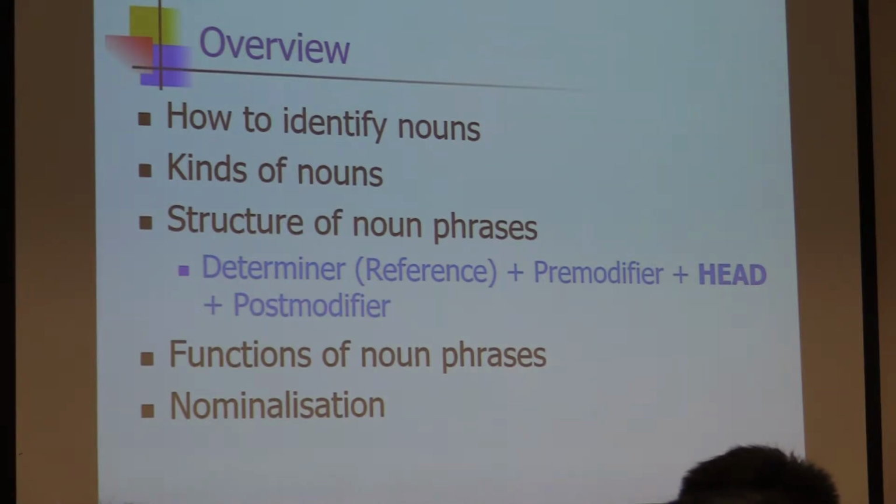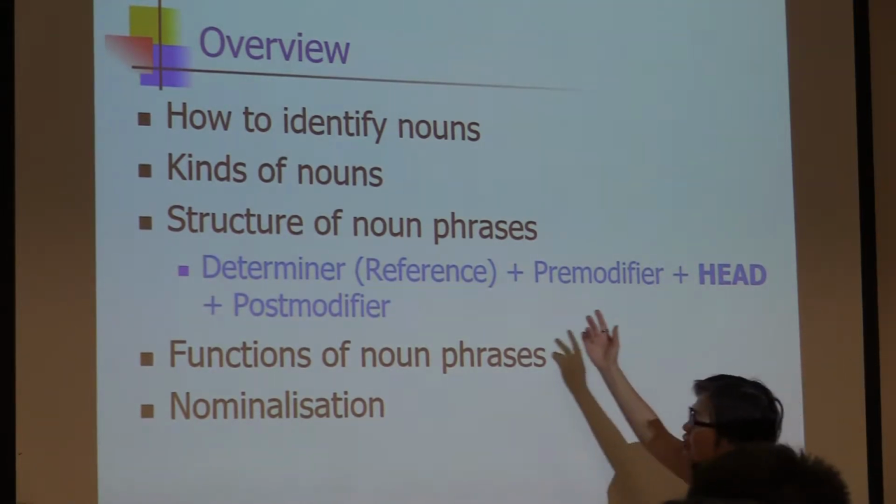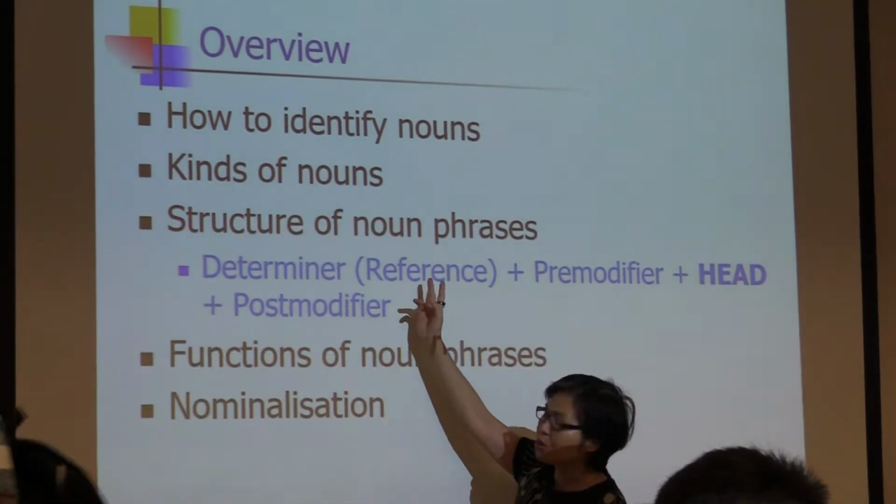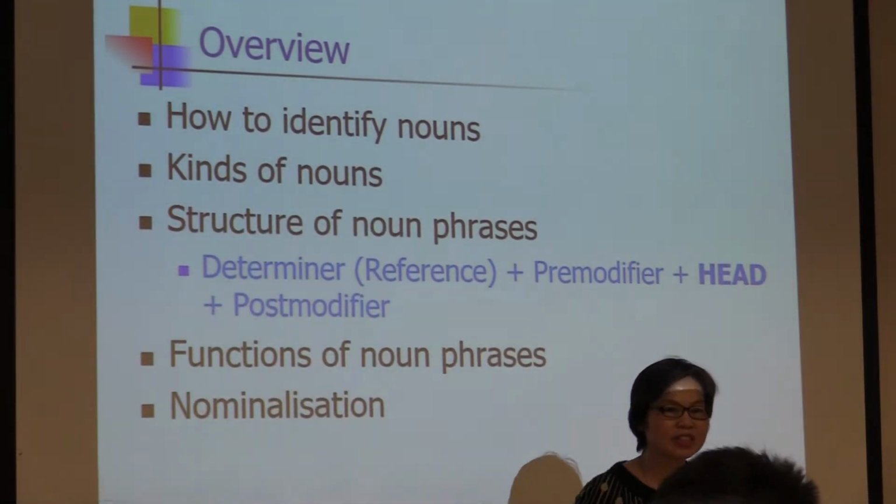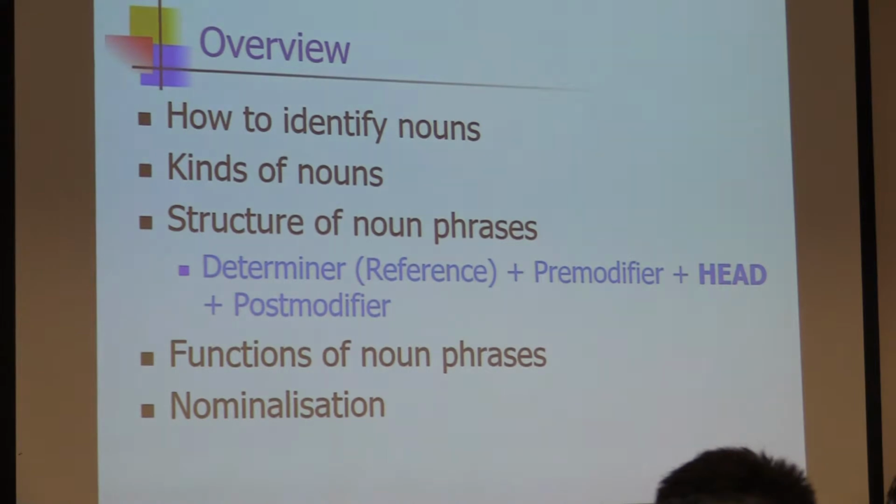And then the structure of noun phrases. You can see the structure here. What is the most important word in a noun phrase structure? The head noun. And before the head noun, you may have the determiner about the reference. What kinds of reference? Definite and indefinite.